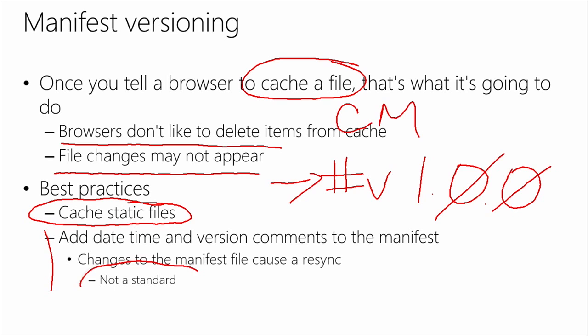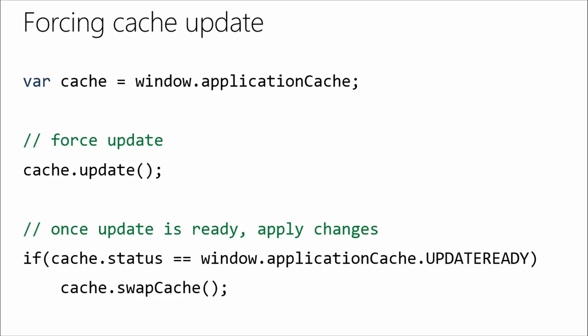Now keep in mind that this isn't a standardized way of doing things, but you've now created a change to the manifest. It will grab the manifest, it will see the fact that there's a change inside of there, and then it'll go grab the new files. Or at least it should. If it doesn't, there is an API that you can use to force it. Now the basic steps here are to go grab the application cache, tell it to update.